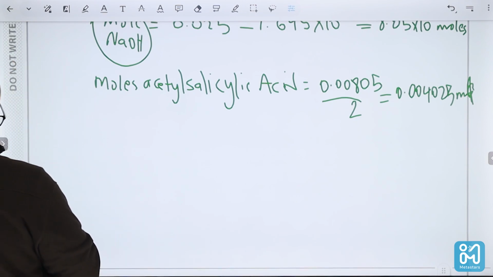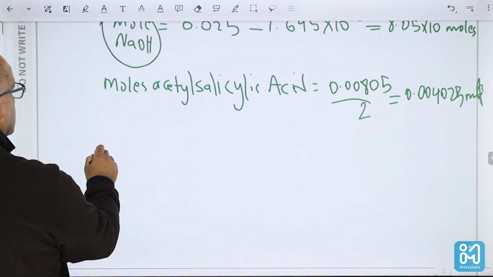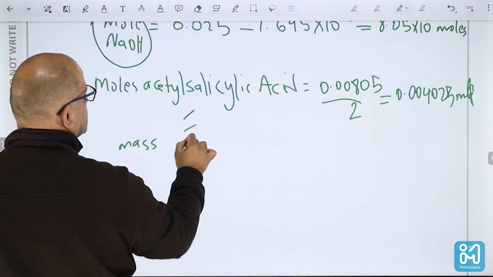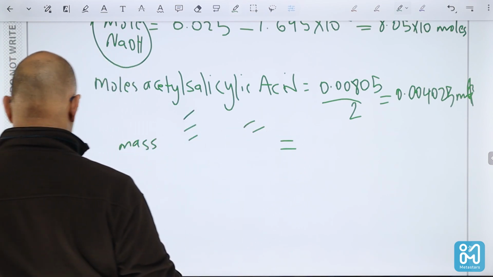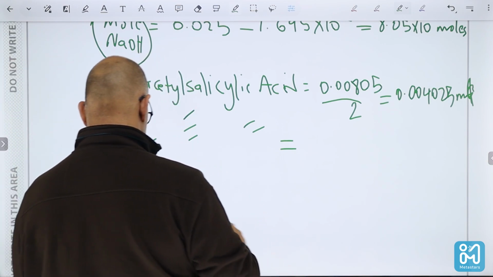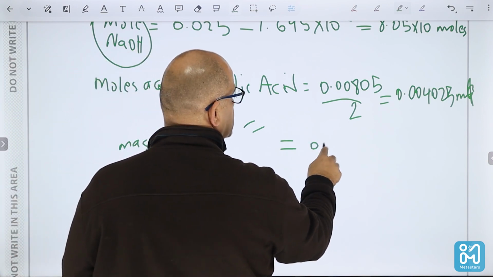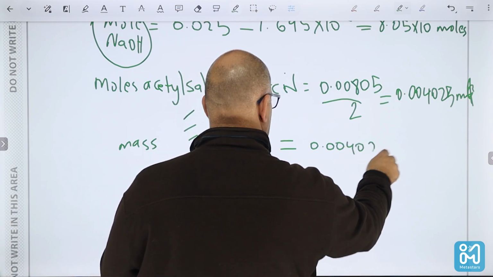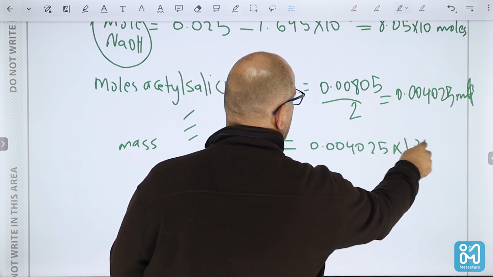So the mass of acetyl salicylic acid equals the moles, which is 0.004025, times 180.